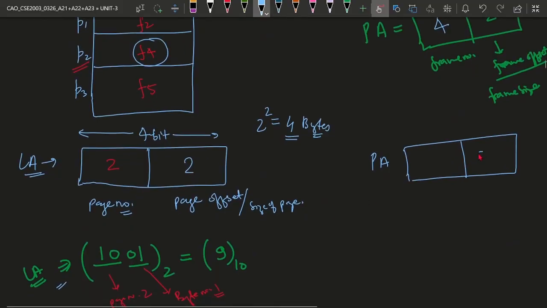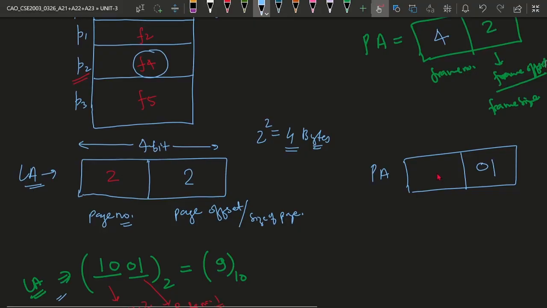We need to represent 4 in 4 bits, because the frame number is indicated by 4 bits. Frame number 4 in binary is 0 1 0 0.